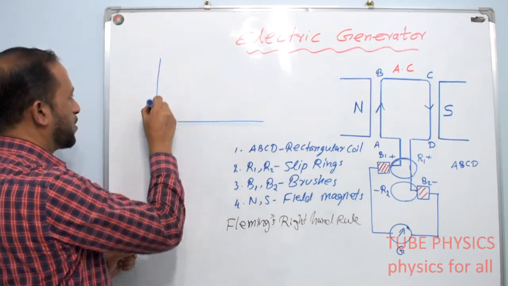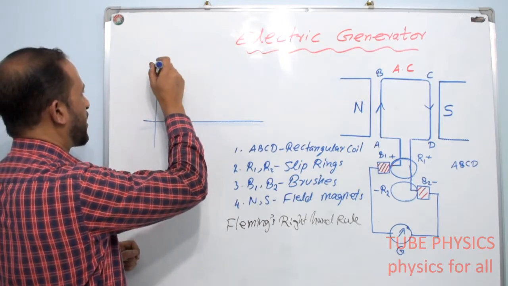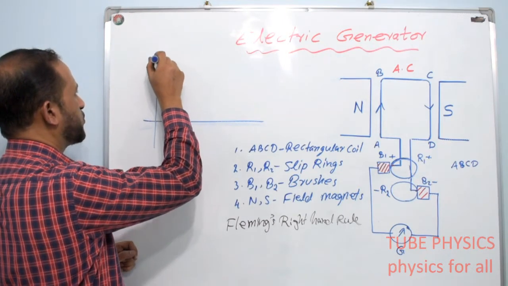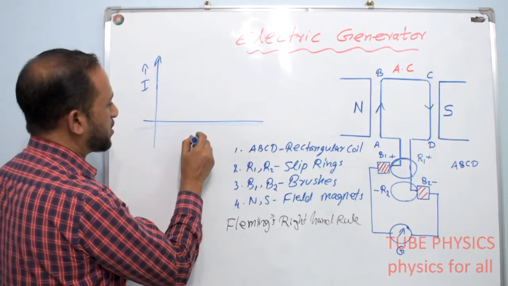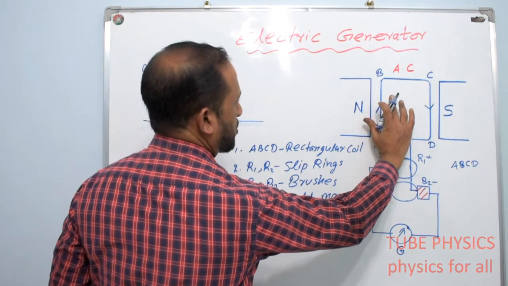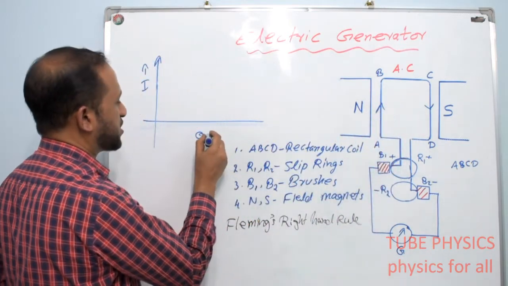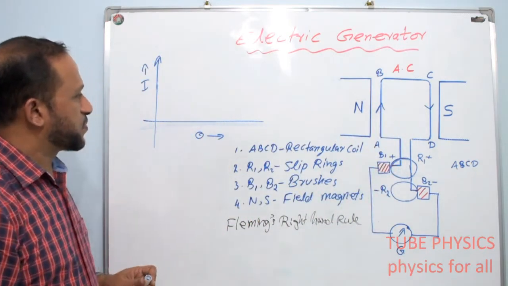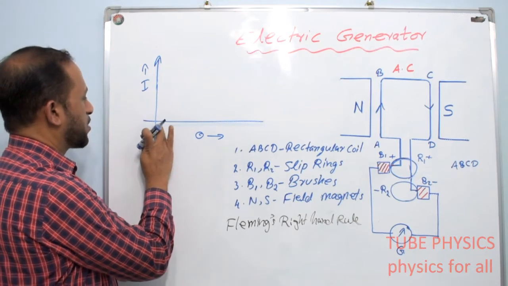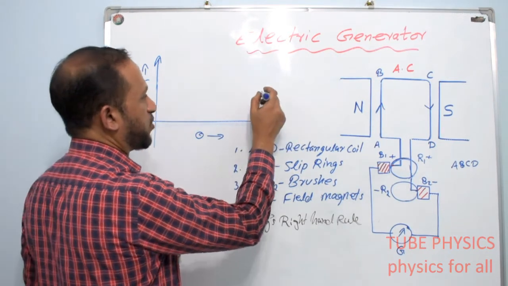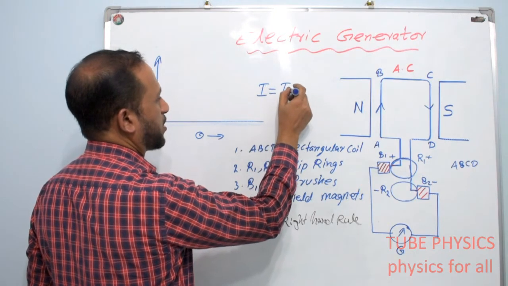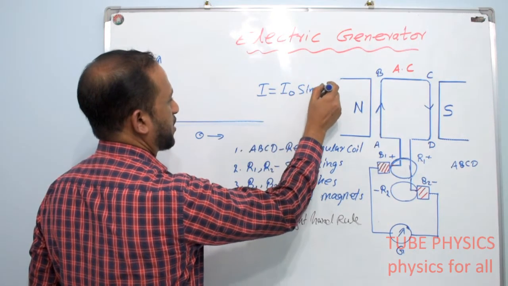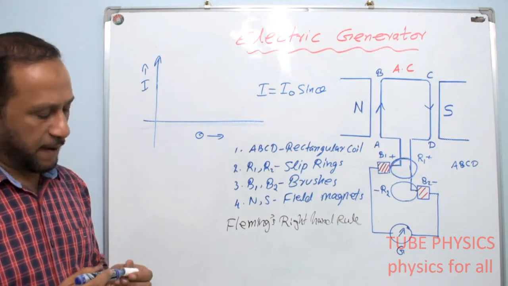I am taking the induced current on the y-axis, and the angle turned by the armature or the rectangular coil, theta, is taken on the x-axis. And I am also using the equation, the current I is equal to I naught times sine theta. A simple equation.